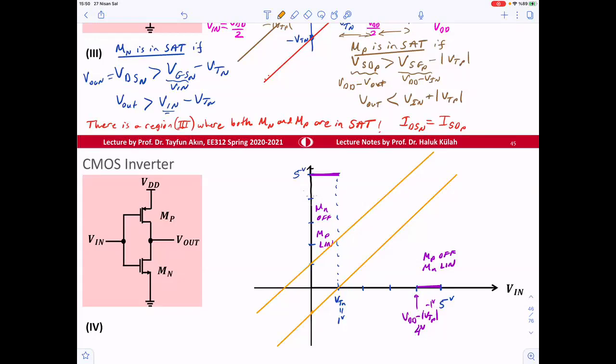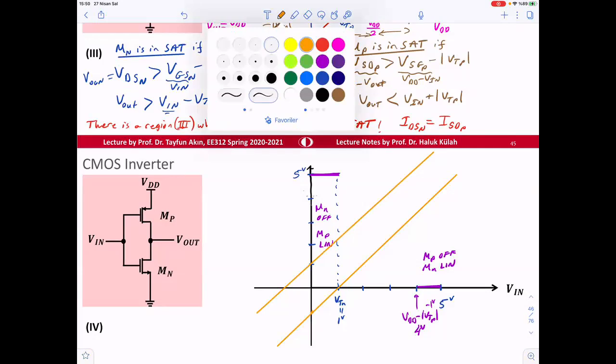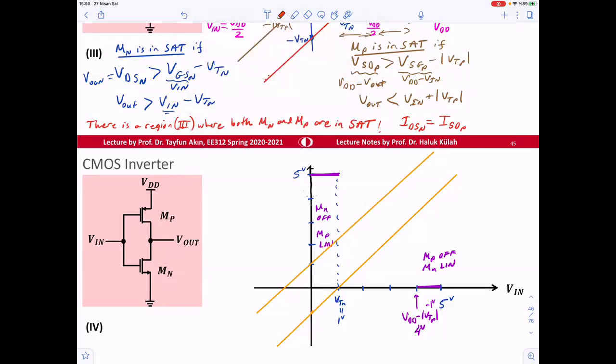So for this region, MN sat, and then this region, MN linear, and then this region, MP linear, and for this region, MP sat.